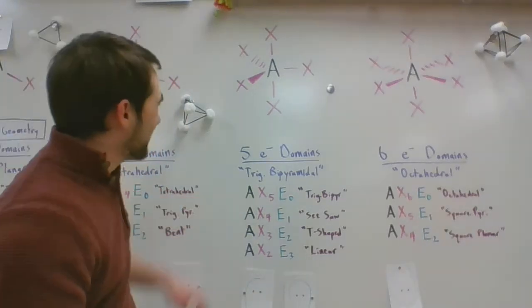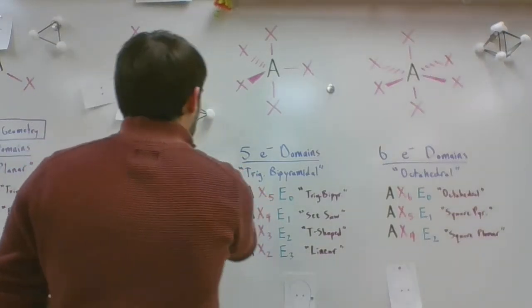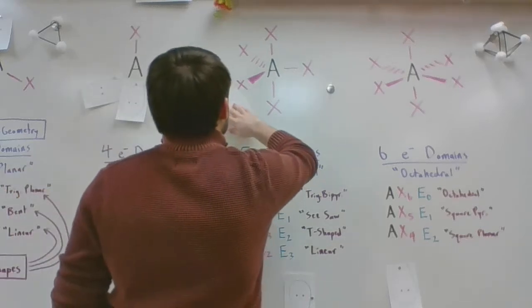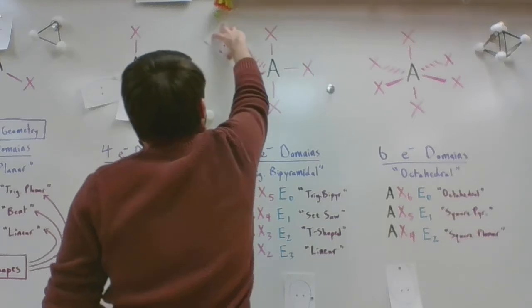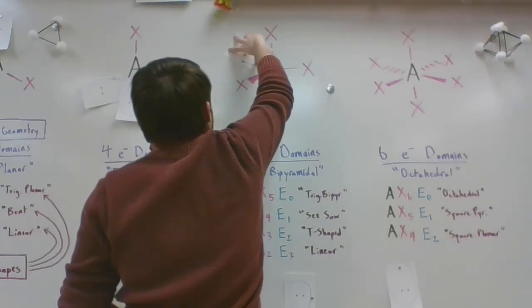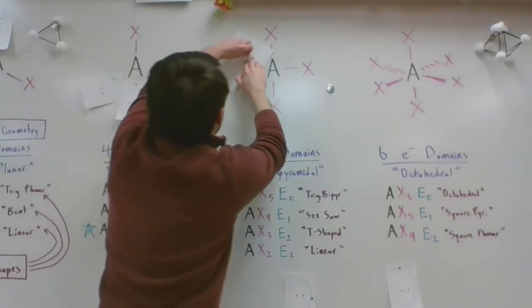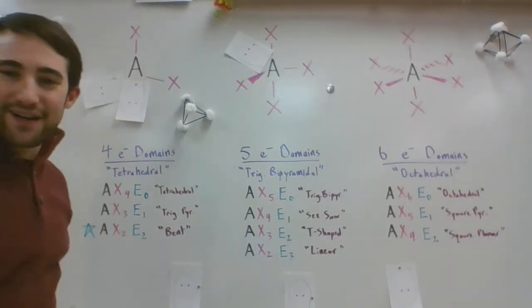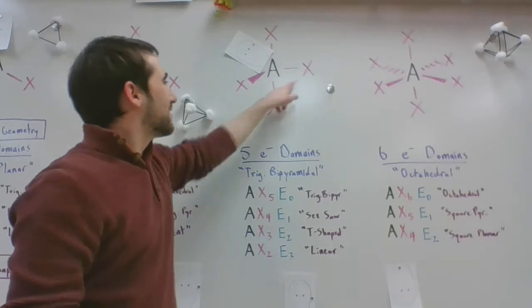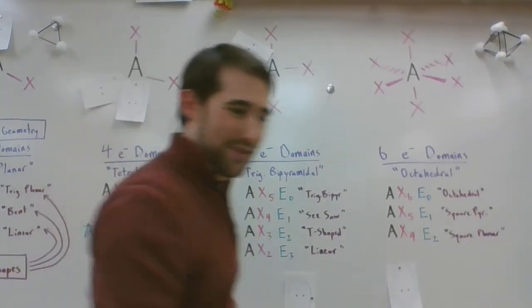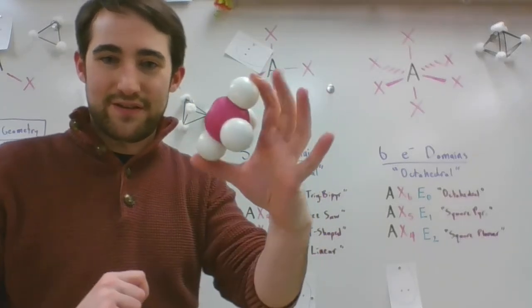If we go and replace one of those with a lone pair of electrons, what we're left with is still the 2 on top and bottom, and we've got 2 hanging around the middle. So we go from having this to this right here.